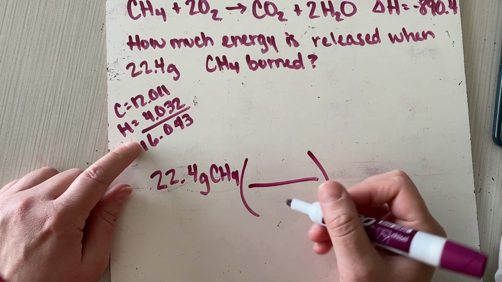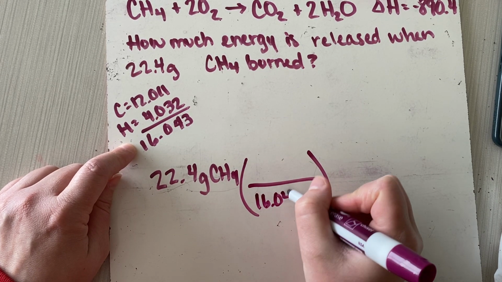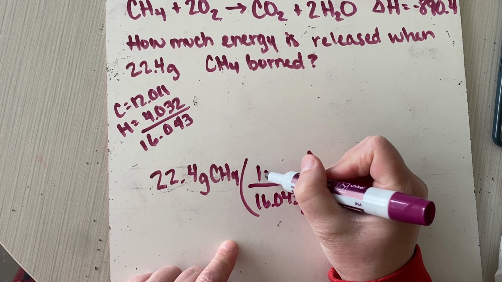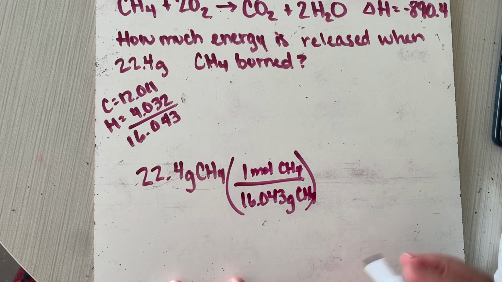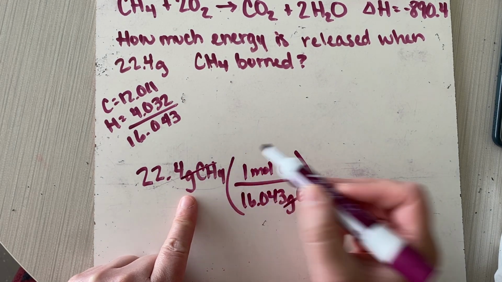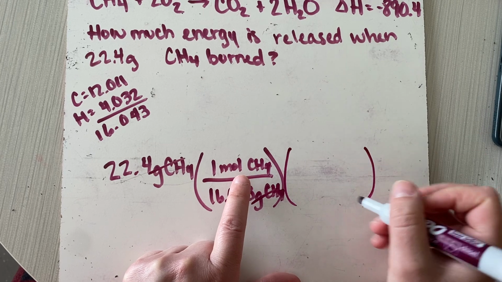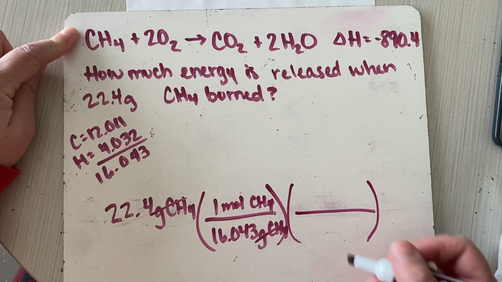So we want our grams on the bottom, so we're going to have 16.043 grams CH4, and that's 1 mole CH4, okay? And that'll end up canceling this label. Then we need to get our mole canceled and go to our energy. So we've got, from our equation up here, 1 mole CH4.